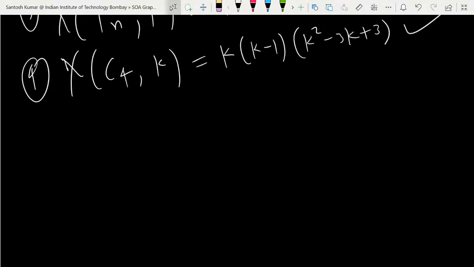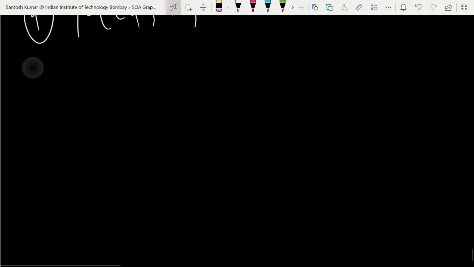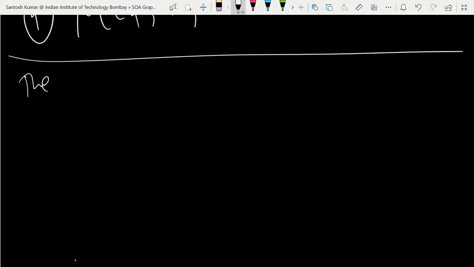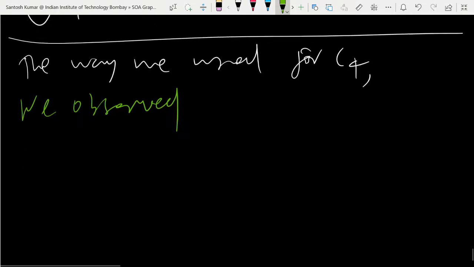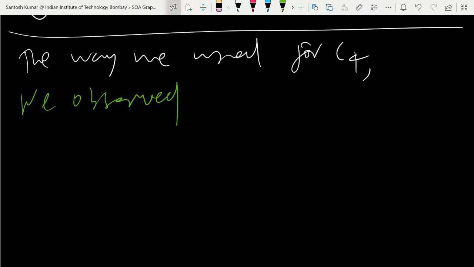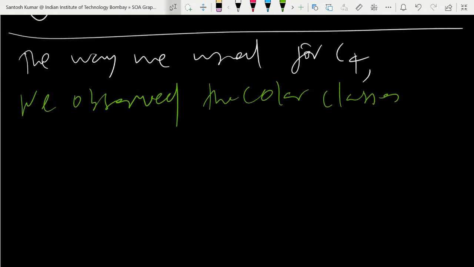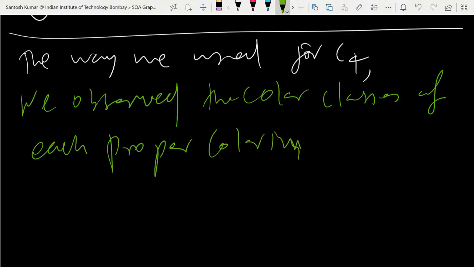I just observed the color classes of each proper coloring of G. You know the color classes. Color classes means a set of vertices with the same color, okay?